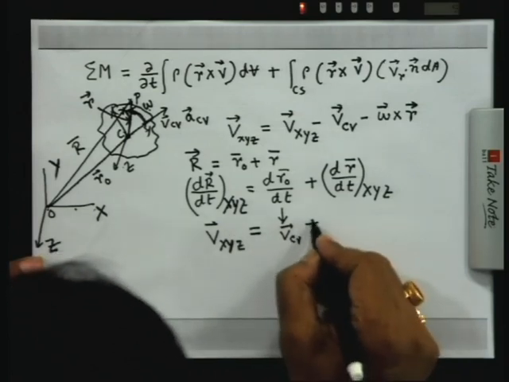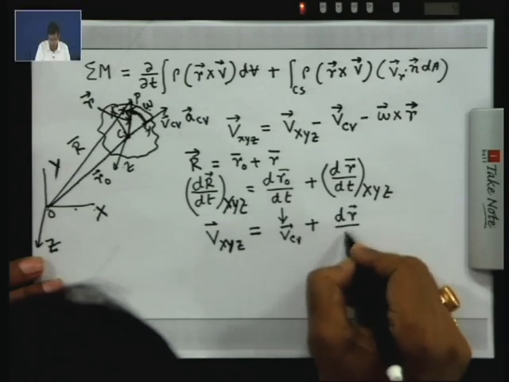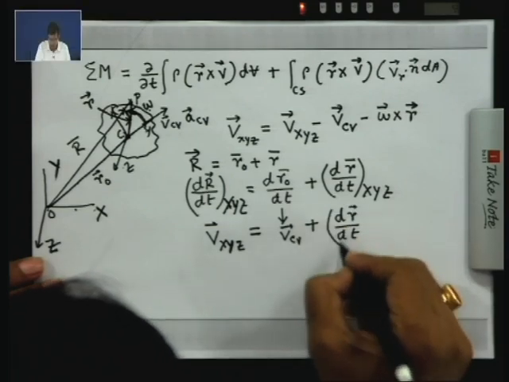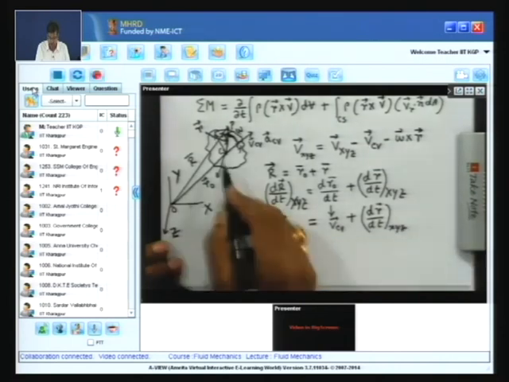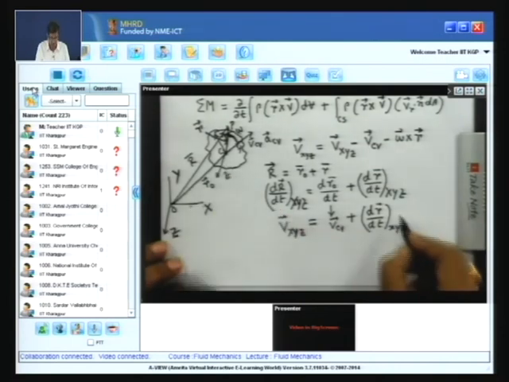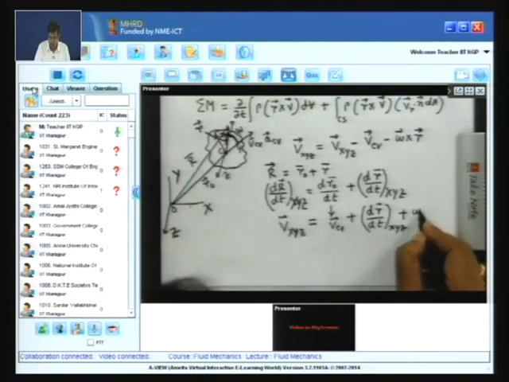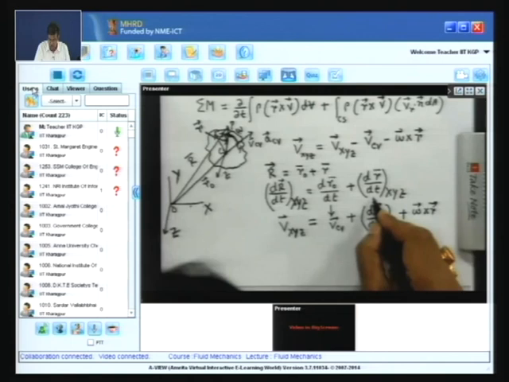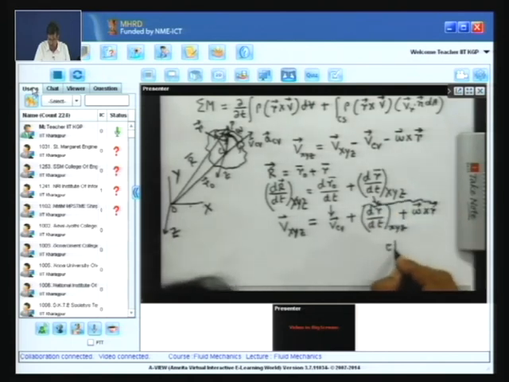Now this can be written as dr dt with respect to the moving frame of reference attached to the control volume. Since this moving frame of reference, or control volume, is moving with angular velocity omega, it is omega cross r, and this equals this. This is found by a theorem known as Chasles' theorem.